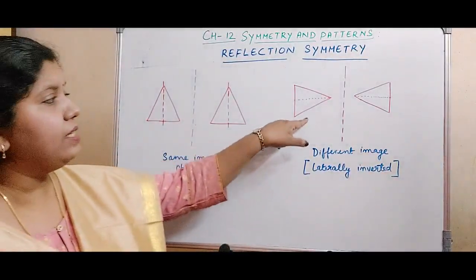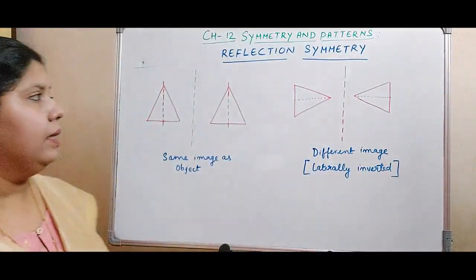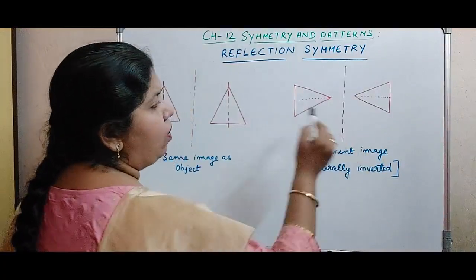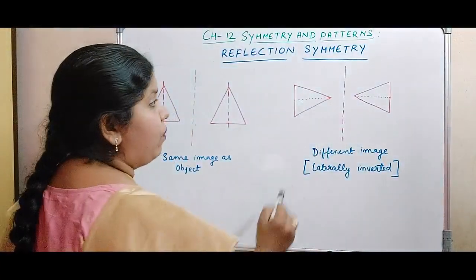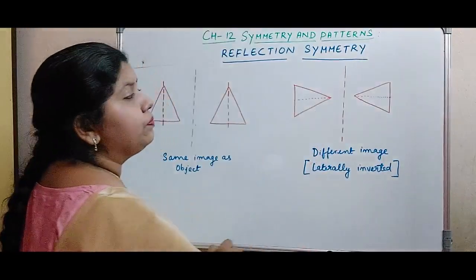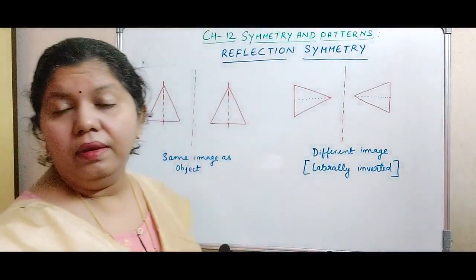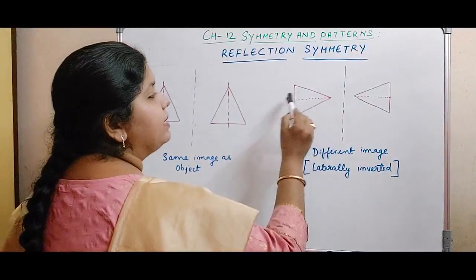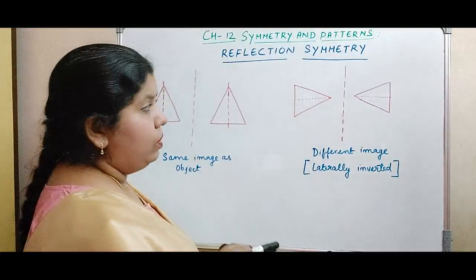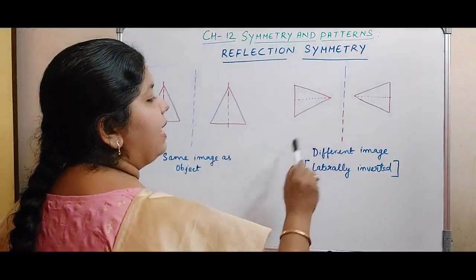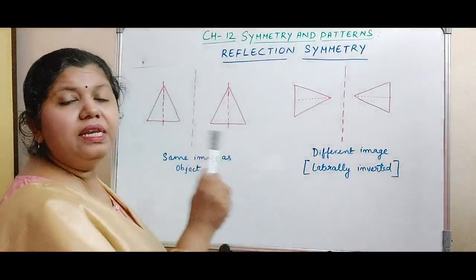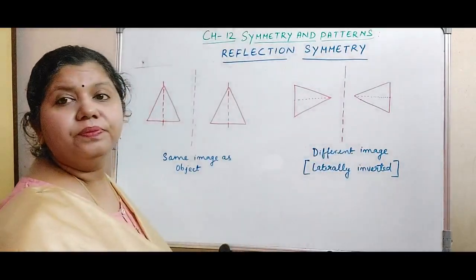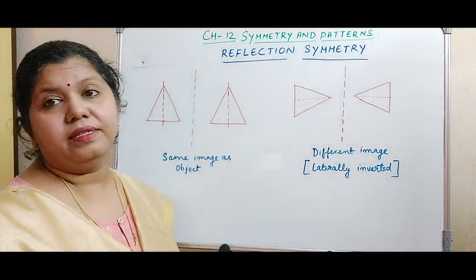But in this case, the mirror is kept in the horizontal way, but what about your triangle? The triangle is kept in a horizontal way because you have a horizontal line as the line of symmetry in this case. So what happens in this case, the lateral inversion can be easily noticed. The left becomes right and right becomes left. Interchanging of the sides.